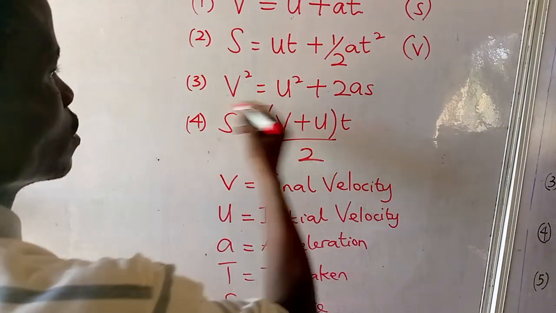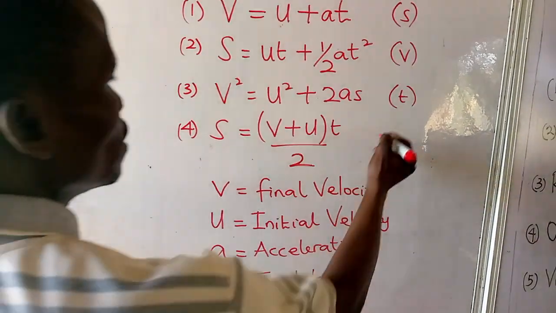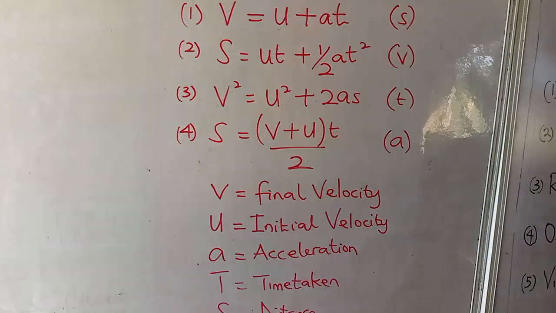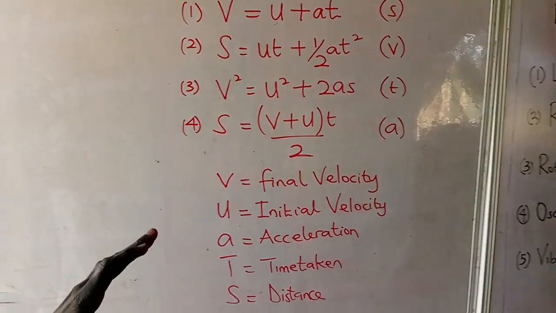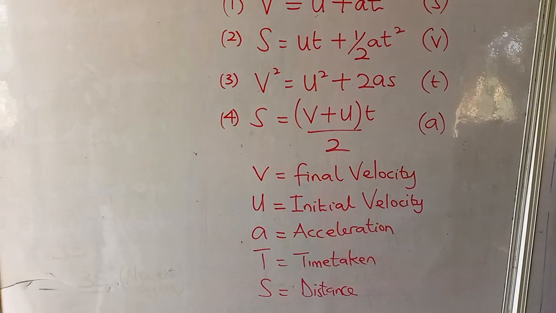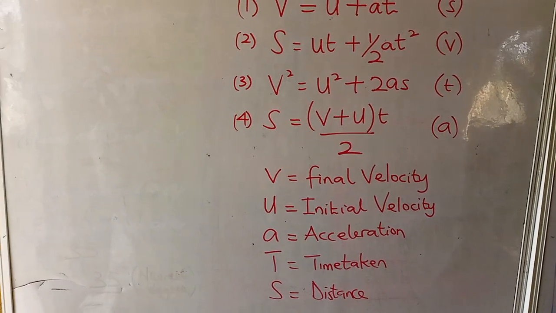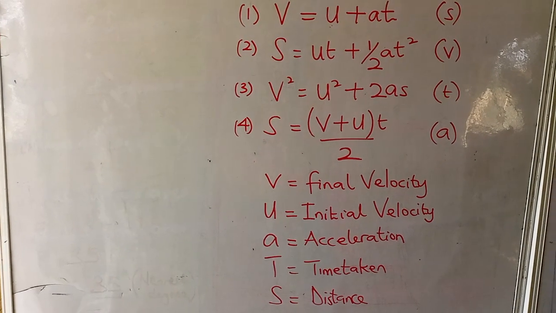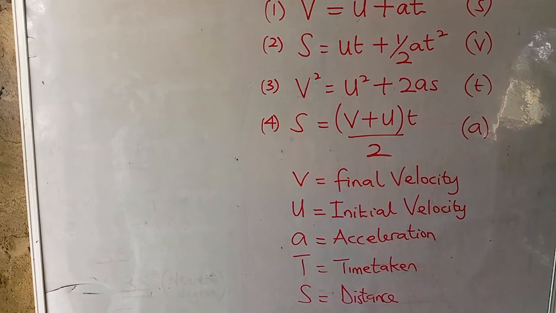Here, T is absent. And here, A is absent. So each of them has its various applications. You must know when to use which of the formulas. You check the parameters in the question given, then you know the appropriate formula to be used.